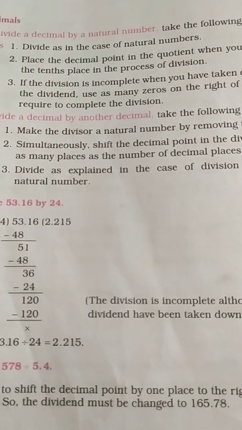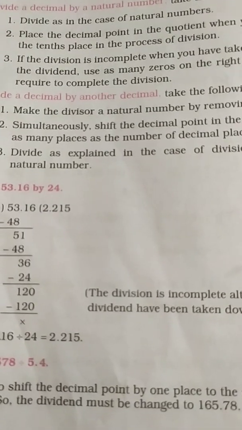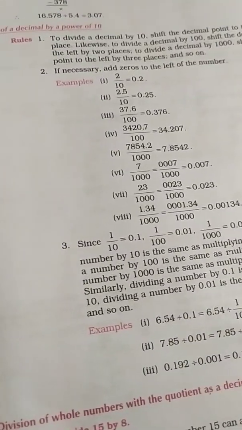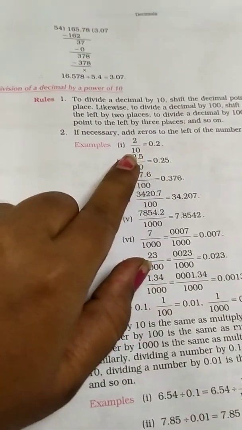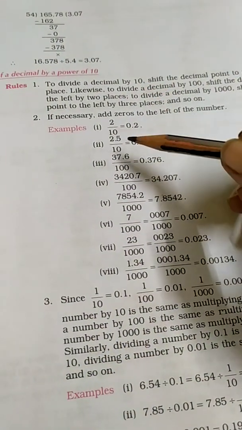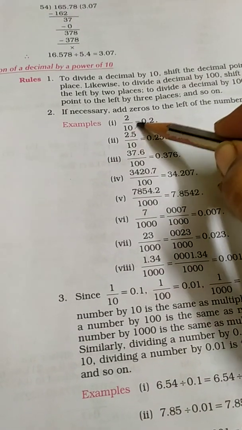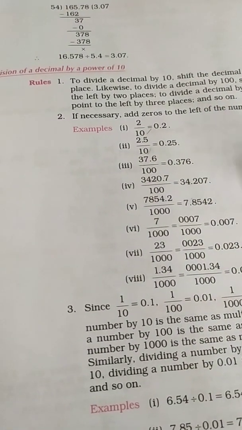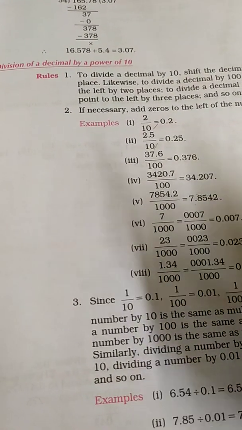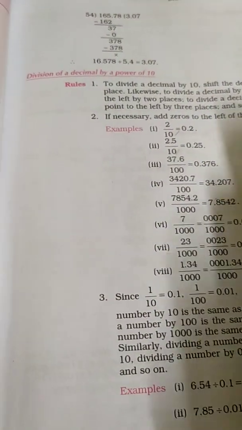So you should remember that when you have a decimal point in the divisor, first you have to remove that decimal point. Now 2.5 by 10. If you look at these two numbers, you have a number in the denominator having 1 and 0. So you are going to place the decimal point from the ones digit.